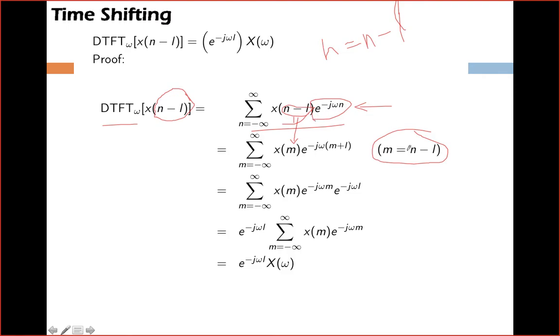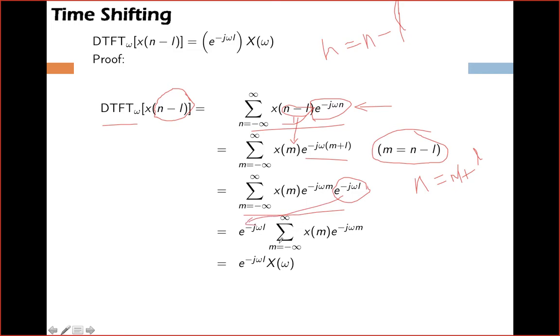Since m equal to n minus L, n equal to m plus L. So I am replacing n by m plus L, and I will get e power minus j omega into m plus L. Now I have two terms, so I am going to separate them into two different exponentials, and rewrite the equation as summation m equal to minus infinity to plus infinity x of m into e power minus j omega m into e power minus j omega L. Here this term is a constant, not a variable, so I take it outside the summation.